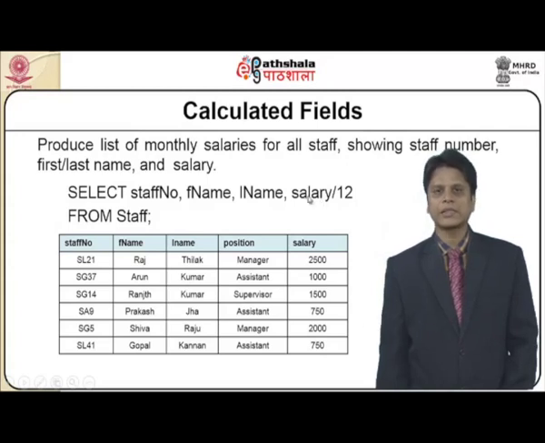Since the value to be projected is salary divided by 12, for every row, whatever salary we have presented in the actual table will be divided by 12 and presented here. In this case, it should have been 12,000. So 12,000 divided by 12 would have become 1,000 now.